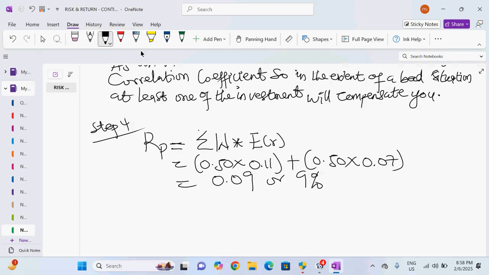Because in the textbook, the expected return of a portfolio is equal to the weight times the expected return.